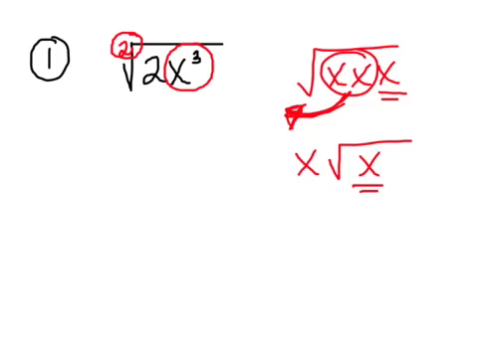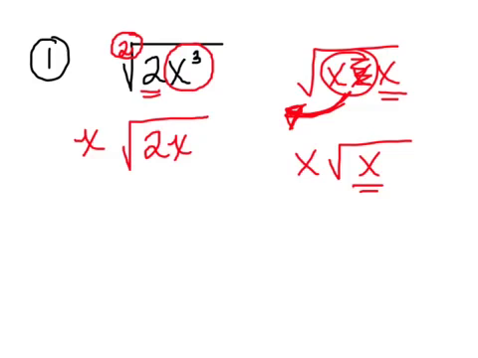But anyway, that's what we have going on, and the 2 has to stay inside because he doesn't have a pair of 2's to be able to come out. So he's going to stay inside, and so is one of the x's. So we have a 2 that stays in, and an x that stays in, and an x that comes out, and one that goes away. And so that's what we end up with.